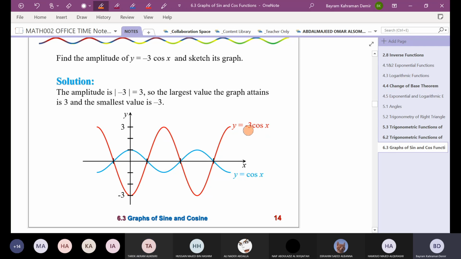You just need to understand that whenever you see the negative, it means upside down. To sketch the graph, when you see the negative, you will not start from the top, you will start from below, from negative 3. If it is positive 3, you will start from 3.